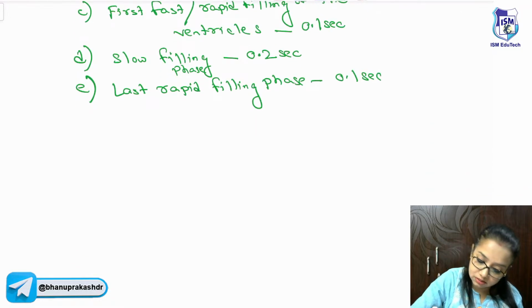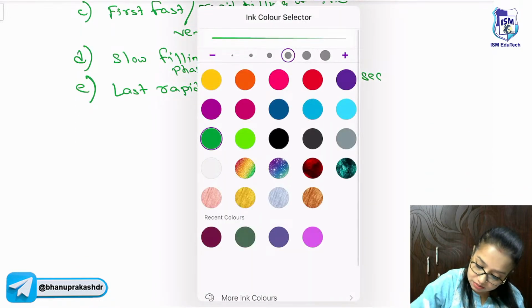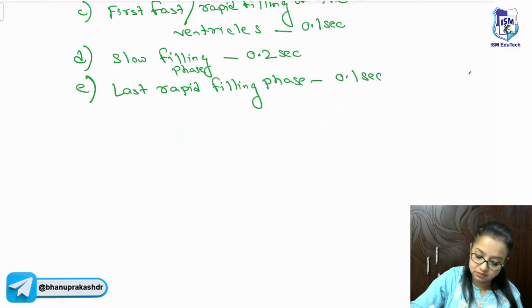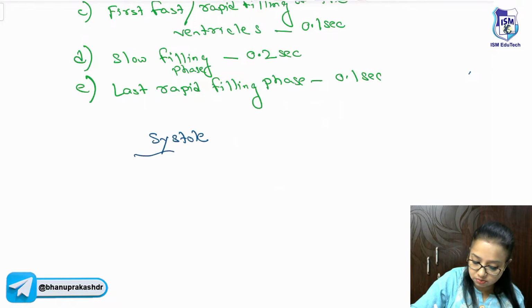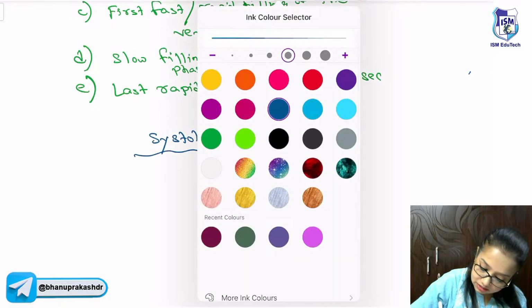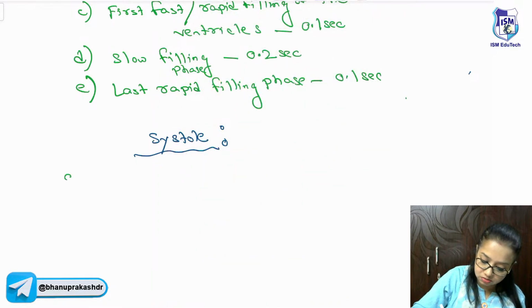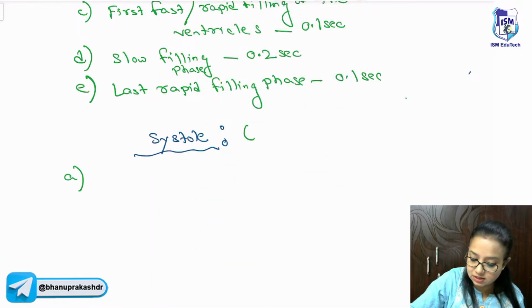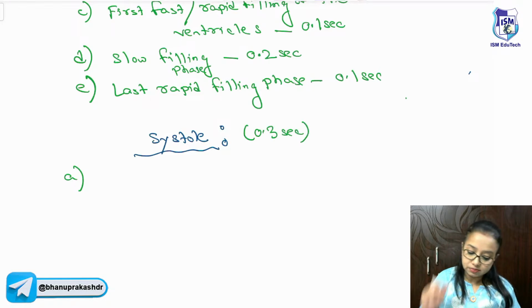Coming to the systolic phase of the ventricle. The events that are happening in the systole. Systole, what do we know? How long is it? It is about 0.3 second, right?